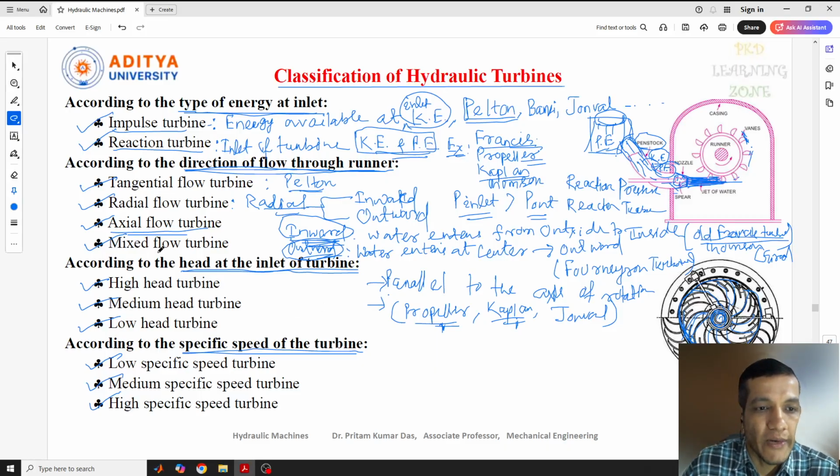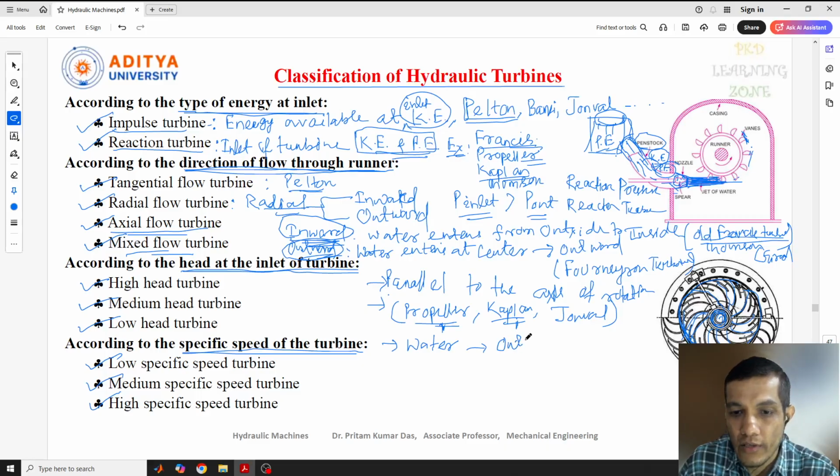The next one is the mixed flow turbine. The mixed flow turbine is mixing, so both are there. The water enters the runner from the outer periphery in the radial direction.